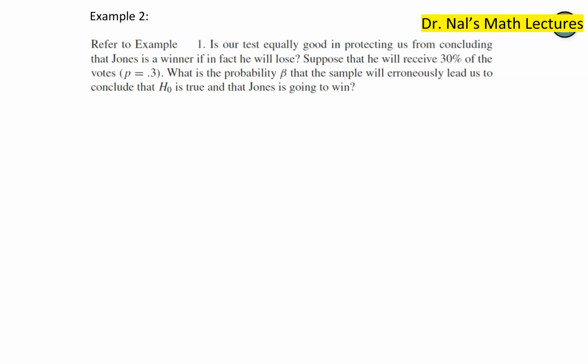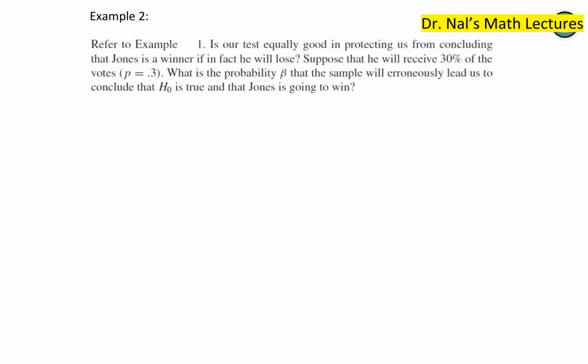Suppose that he will receive 30% of the votes in reality. What is the probability beta that the sample will erroneously lead us to conclude that the null hypothesis is true and that Jones is going to win? Does that make sense? So the way we can calculate the beta is knowing what that true population parameter is.